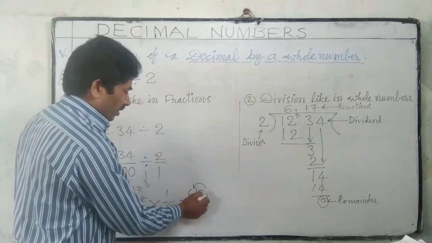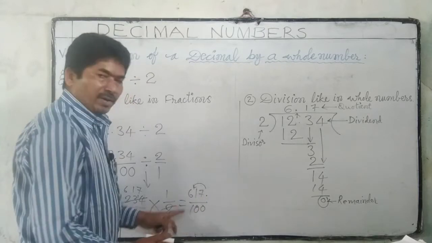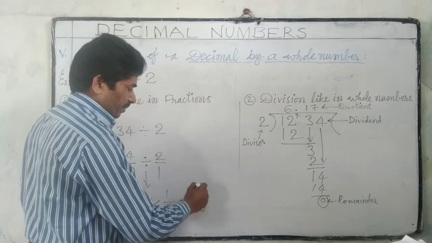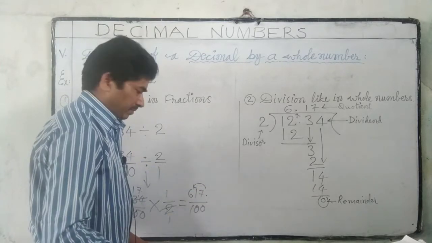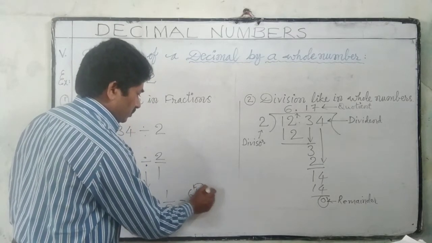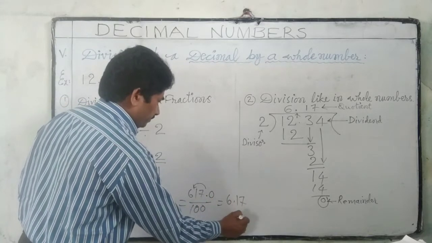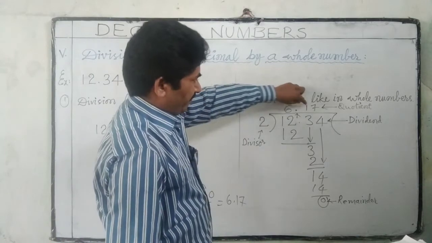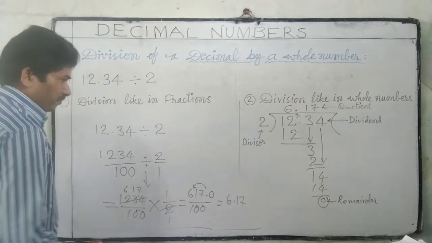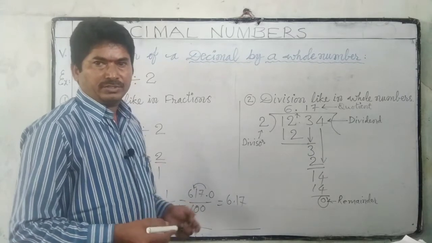We know a whole number can be made a decimal number by keeping a decimal point to the right. This is 617.0. So 6.17. Here we got 6.17. Here also we got the same answer. So we can use any of these methods, whichever is easy.